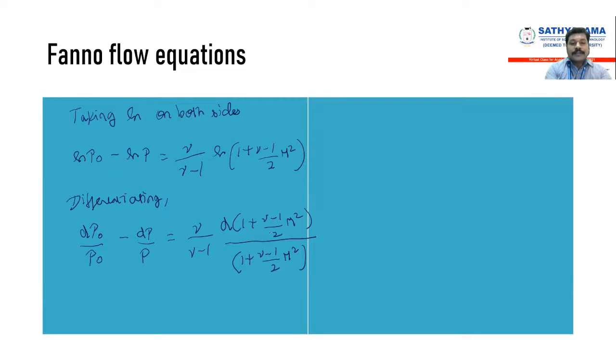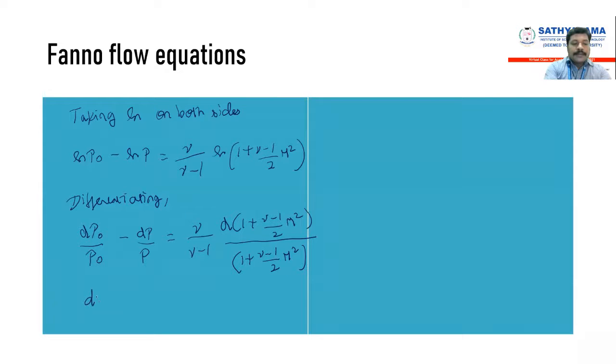Differentiation of 1 is 0, and we differentiate with respect to only M square, so we have only this constant term and then dM square. Then we multiply and divide by M square.